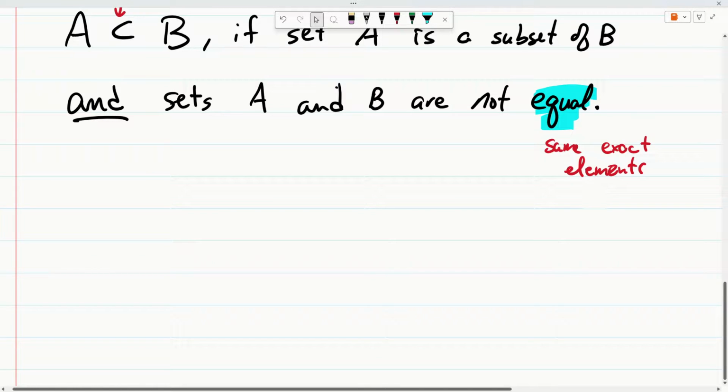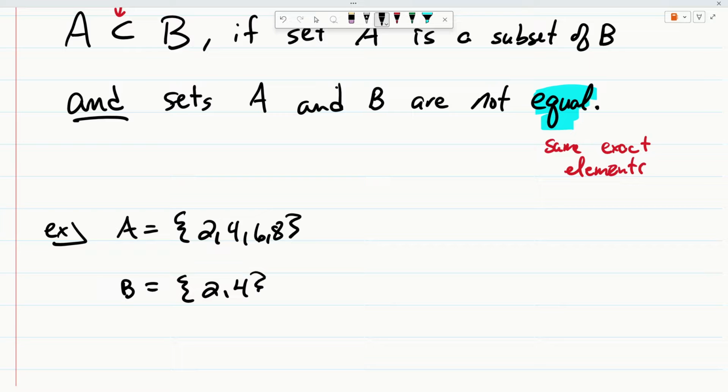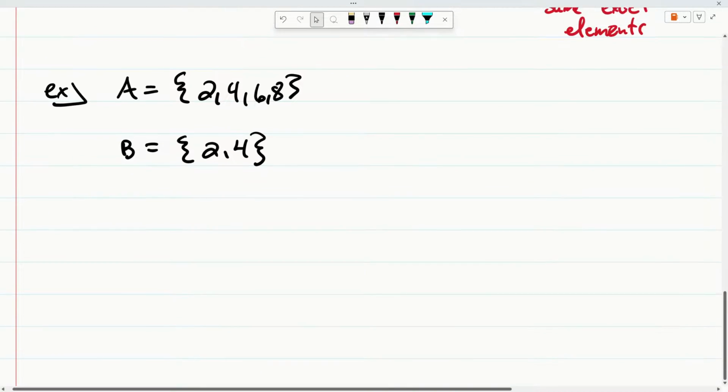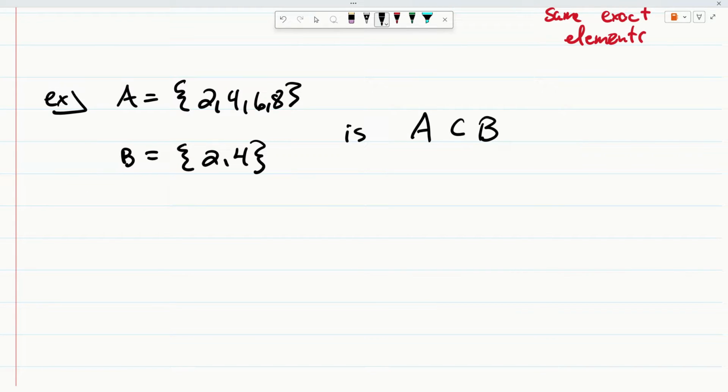All right? So I'm going to let A equal {2, 4, 6, 8}. All right? And I'm going to let B equal {2, 4}. Okay? So is A a proper subset of B?